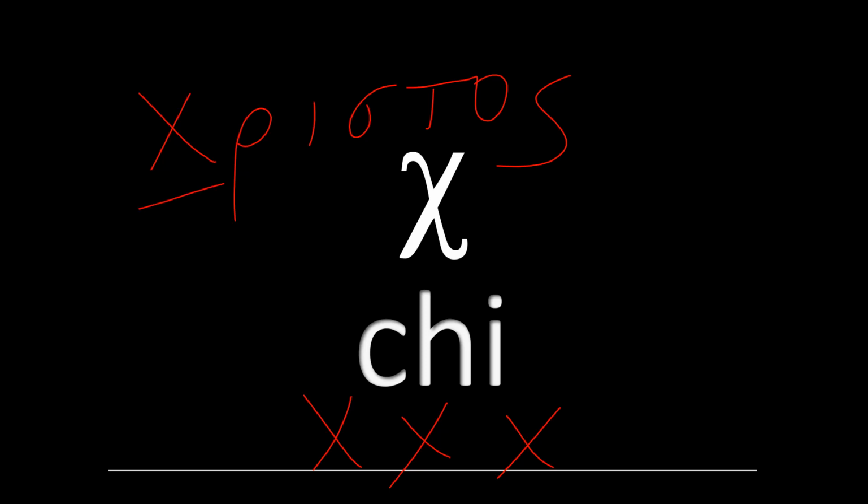Here's the key. That's the word for Christ. After chi comes psi. This makes the PS sound like the word taps. You'll write it like this. Tau, upsilon, phi, chi, psi.